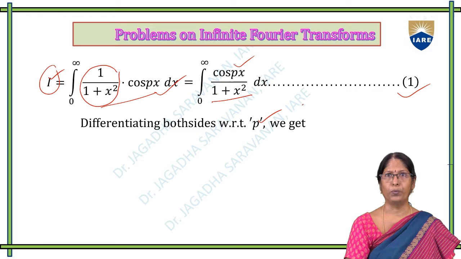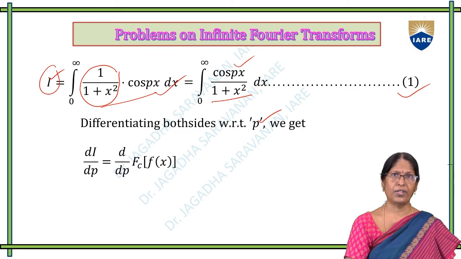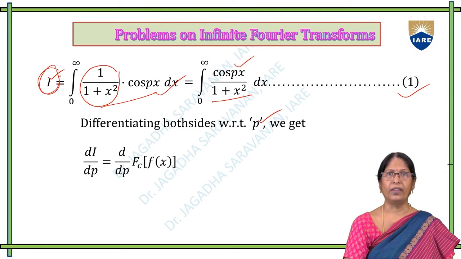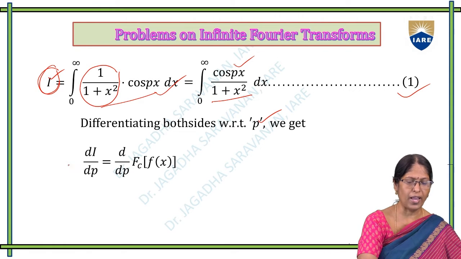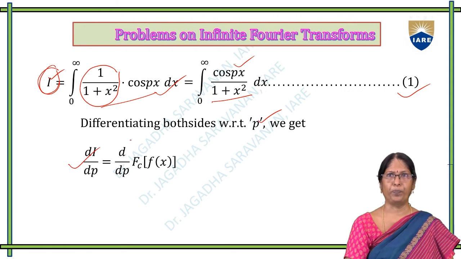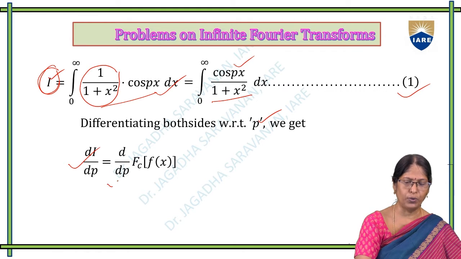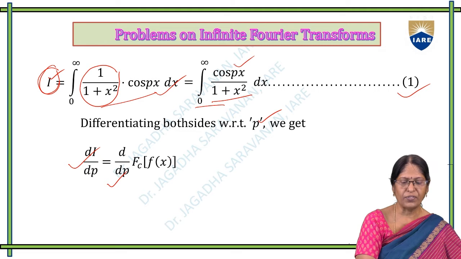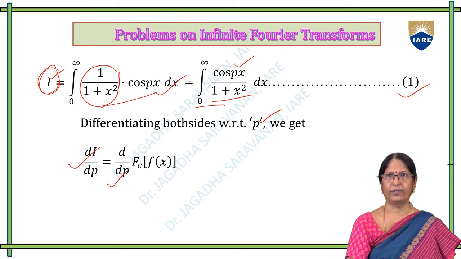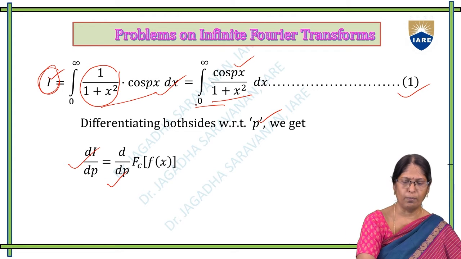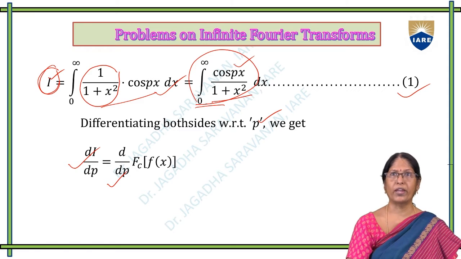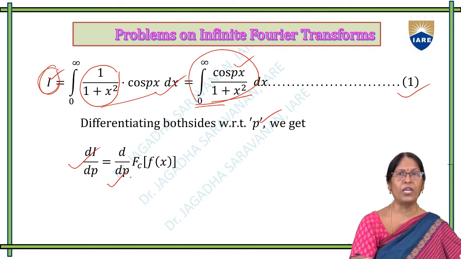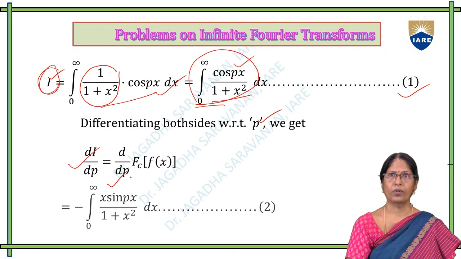So on the left side, I becomes d by dp of FC of f of x, which is nothing but the Fourier cosine of the function f of x, with respect to p.